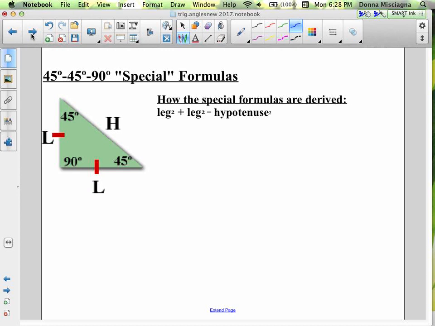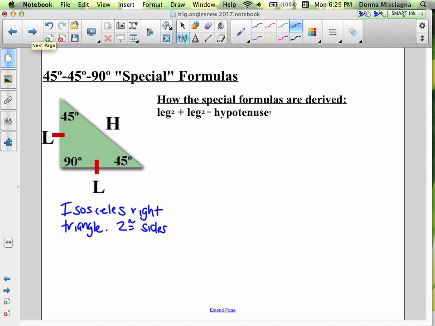So this is an isosceles right triangle, and it has two congruent sides. We're just going to call those two congruent sides legs. Legs squared plus legs squared. Of course, opposite the right angle is the hypotenuse.